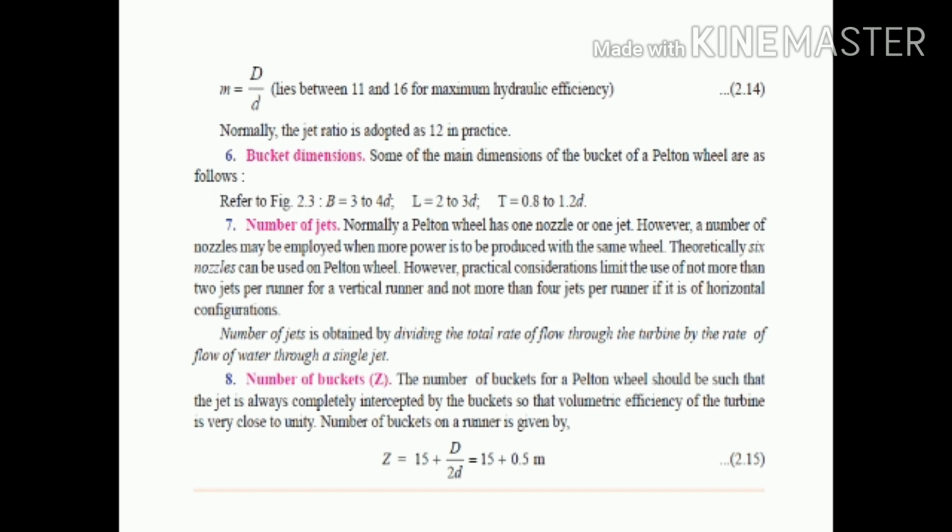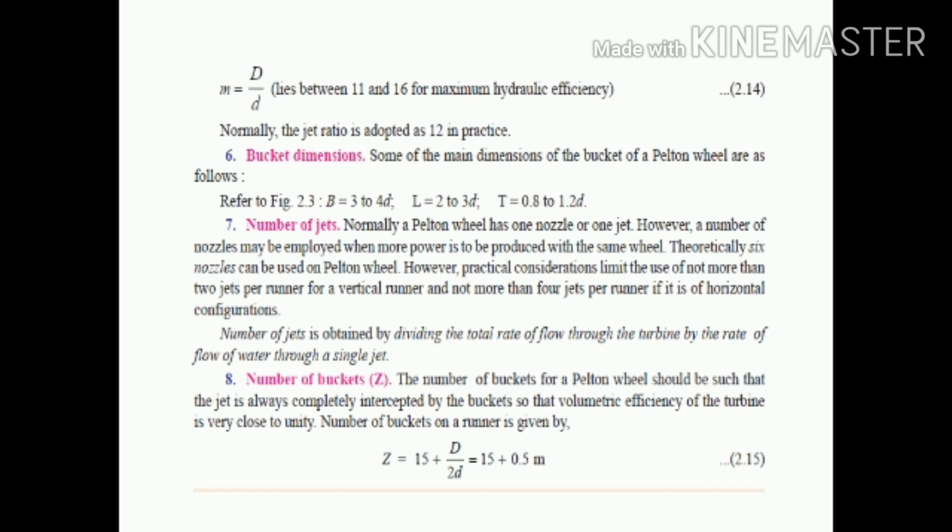And here is one more formula which we have to use, that is the number of jets. Normally a Pelton wheel has one nozzle or one jet, and to calculate this, either the number of nozzles is given, or else if you want to find the number of buckets, that means how many buckets we will require for mounting, then here is the formula. Z is equal to 15 plus D upon 2d.